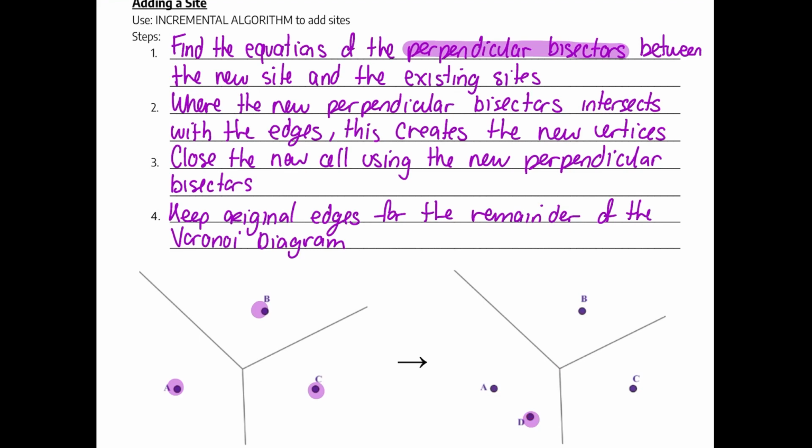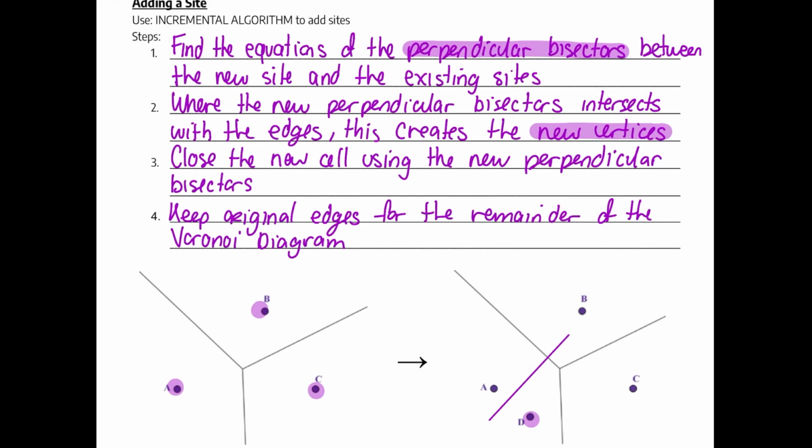Once we have the equations of the perpendicular bisectors, we're going to be graphing them. And where they intersect the edges that are already here, this creates new vertices. So if I do a quick sketch of what that would look like, the perpendicular bisector between A and D would look like a line like this, right?